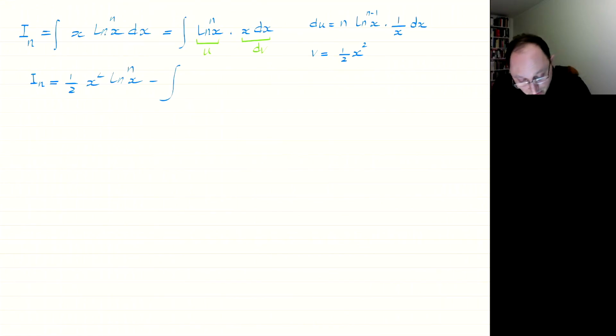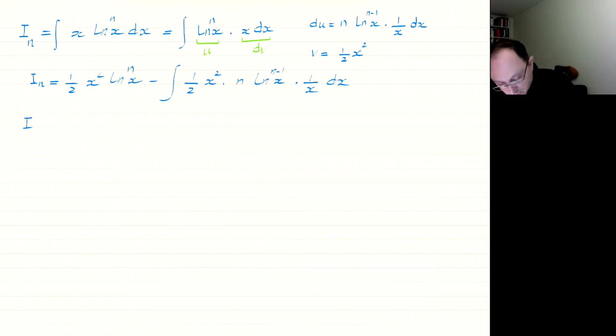So this is the v, 1 over 2x squared, multiplied by du. So du is this whole combination: a factor of n, ln of x to the power n minus 1, and then 1 over x, then dx.